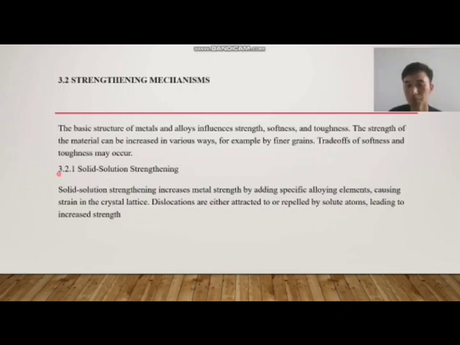Next, 3.2.1 Solid solution strengthening. Solid solution strengthening increases metal strength by adding specific alloying elements, causing strain in the crystal lattice. Dislocations are either attracted to or repelled by solute atoms, leading to increased strength.